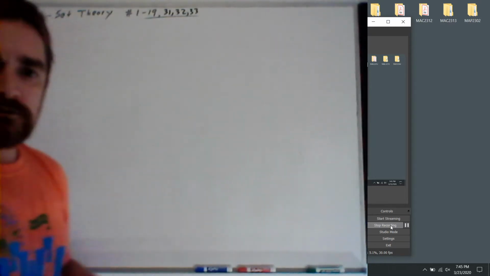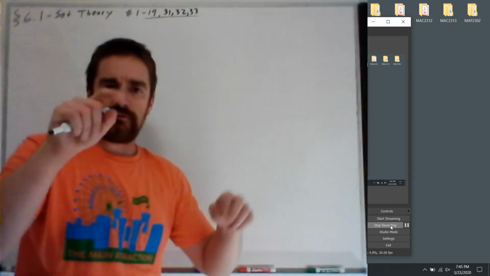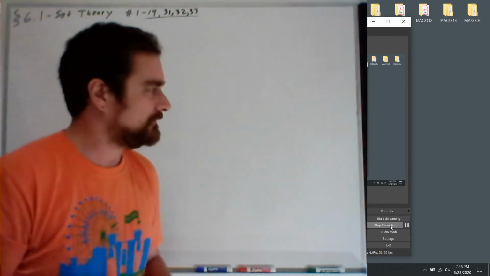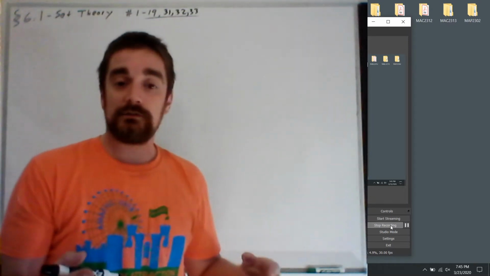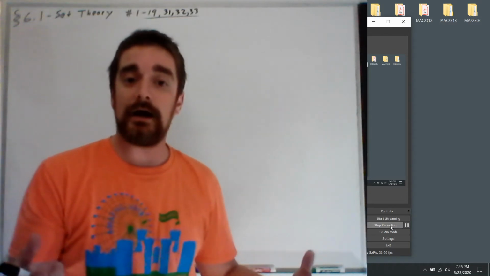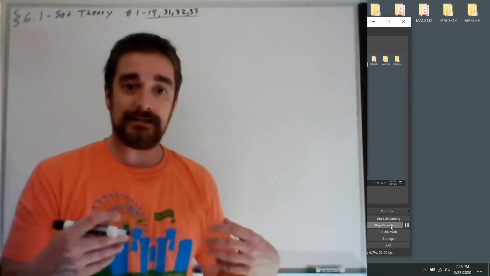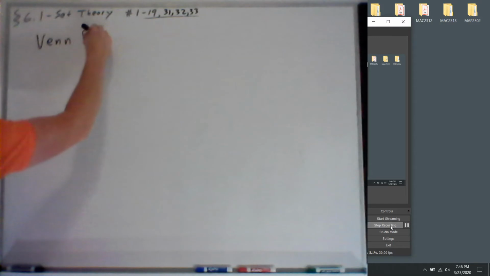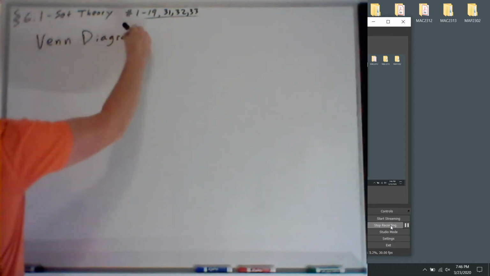So you've been seeing me draw these circles to sort of represent sets, subsets, and you know, what are these circles? These circles are what we refer to as Venn diagrams. And these Venn diagrams help us visualize what we're talking about.